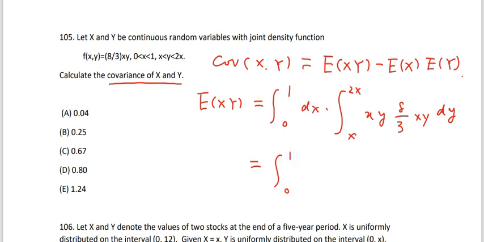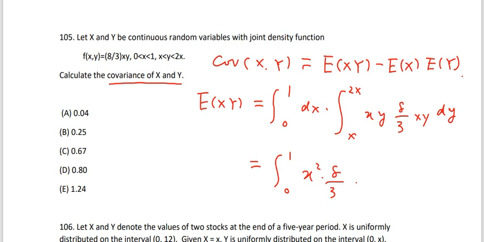So let's say x from 0 to 1. Here, integrate this part, so we just take the constant outside. 8 over 3, all are constant, right? So here we have x times x, x squared, and 8 over 3 dx, right?